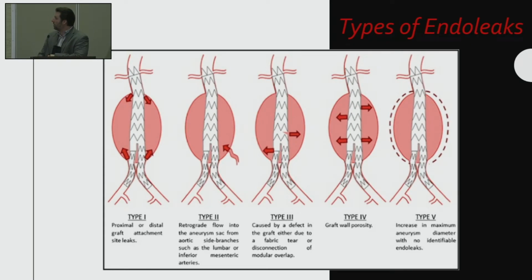Type 3 would be caused if there's a hole, a tear, or a separation in one of those connections or in the graft material itself. Type 4 is when blood just kind of oozes out of the material because of the material being slightly porous. And then type 5 is just an increase in the aneurysm sac without being able to detect an actual leak.